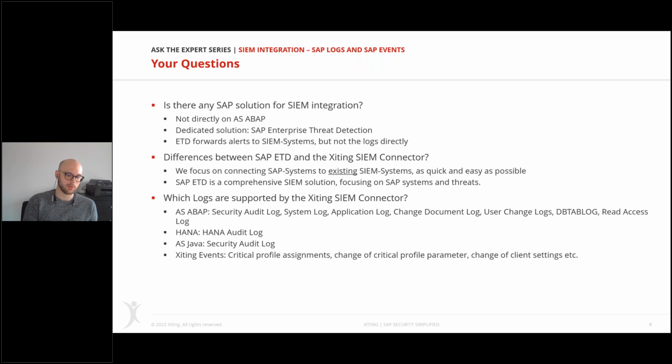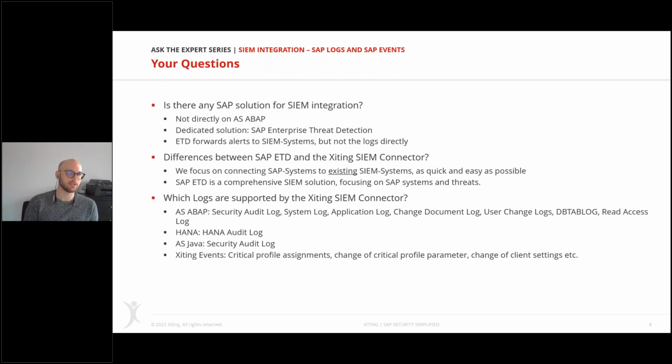We, as Xiting, focus on connecting SAP systems to existing SIEM systems and integrating logs of SAP systems into existing SIEM systems. And we do this, let's say, as quick and easy as technically possible. So that's our approach. Do it as quick and easy as possible and connect existing SIEM systems.